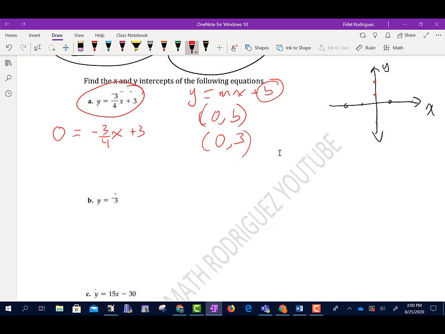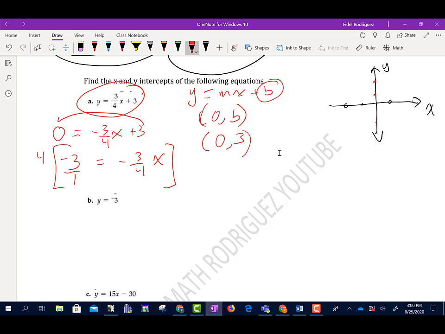Okay. The first thing I'm going to do, guys, I'm going to move this 3 over here. It's going to become a negative 3 equals negative 3 over 4 with an x. Okay. And I can think of this as being over 1. If I want to get rid of my fraction, I can multiply everything by 4.